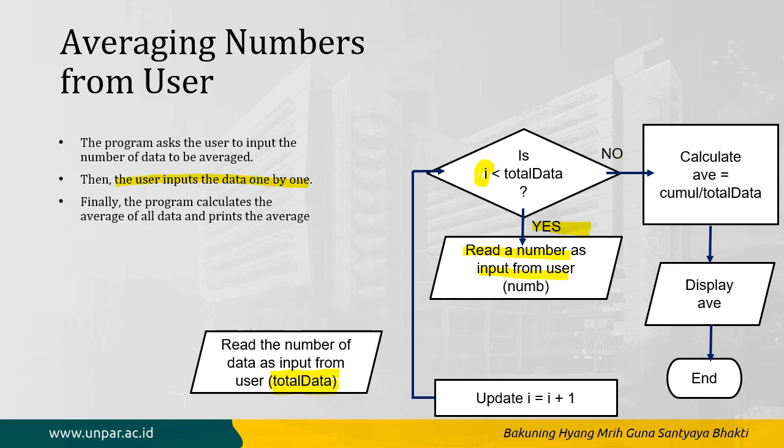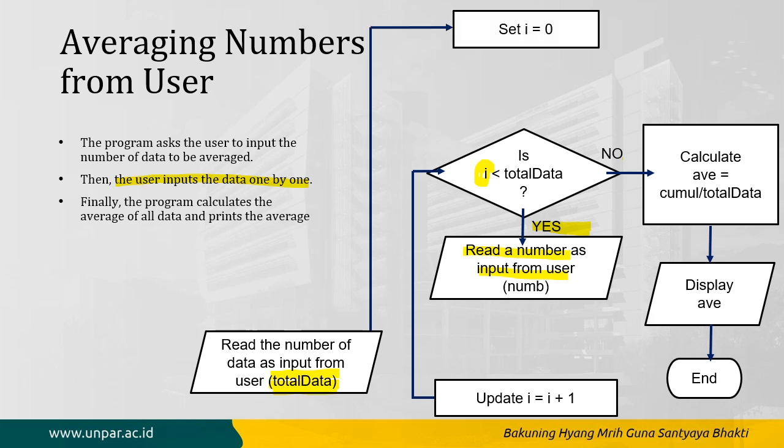Now, remember that for whatever variable you have, you need to state what is the beginning value of that number. Here, because we're talking about recording how many data we have inputted, we are going to start with I equals 0, which means that at the beginning we do not have any number input to the program.